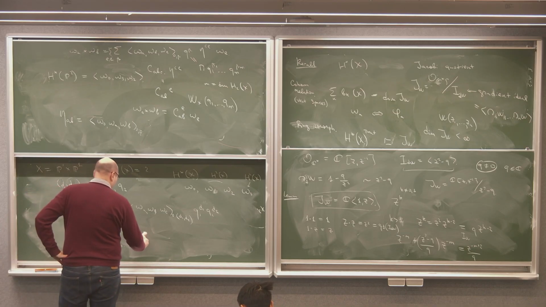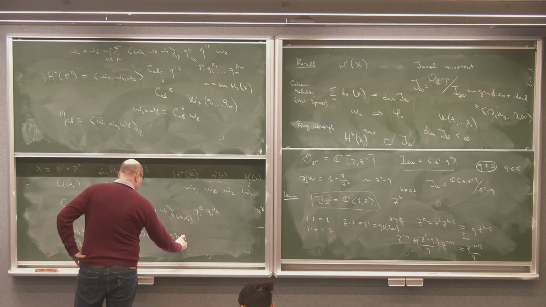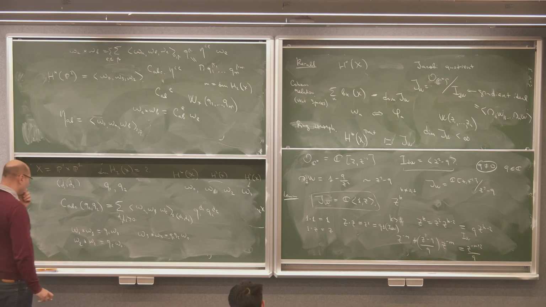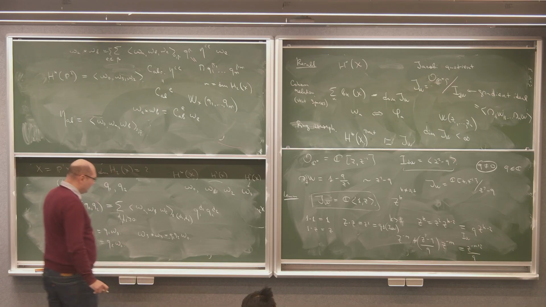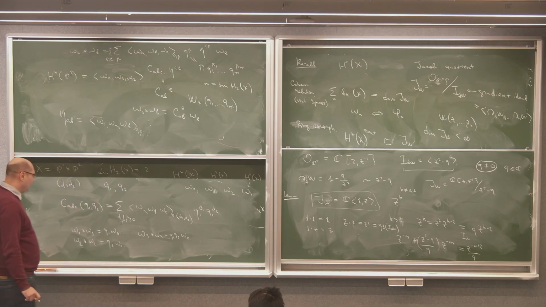Yeah, and if I multiply, say, omega 3 and omega 3, I will get Q1 times Q2 times omega 0.